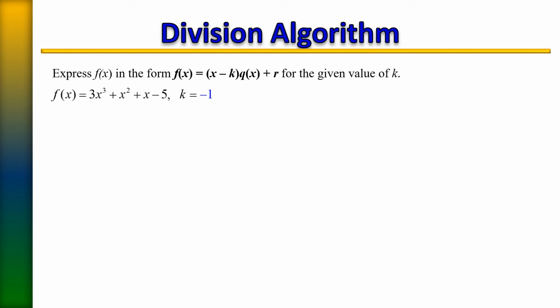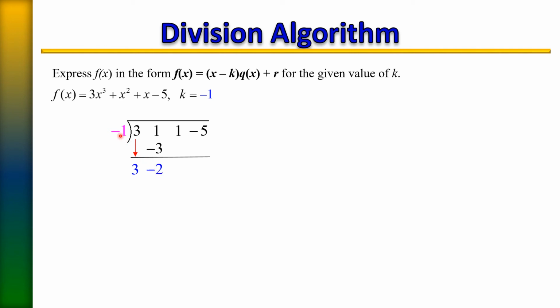Let's set it up so we can begin the synthetic division process. I'm going to first bring down a 3, multiply that with -1 to get -3. Combine those and bring down a -2.